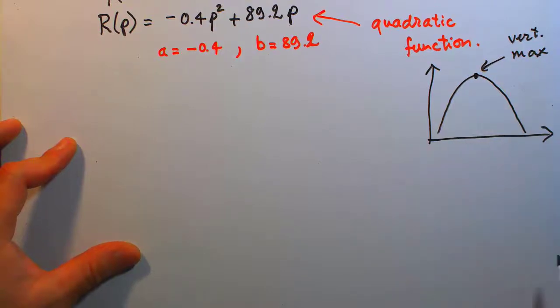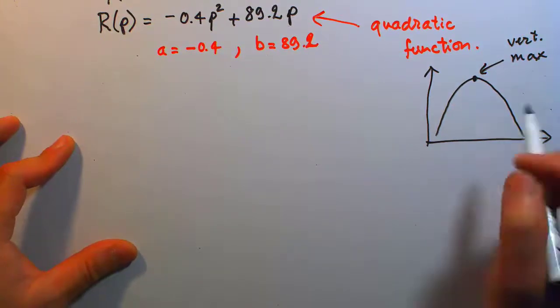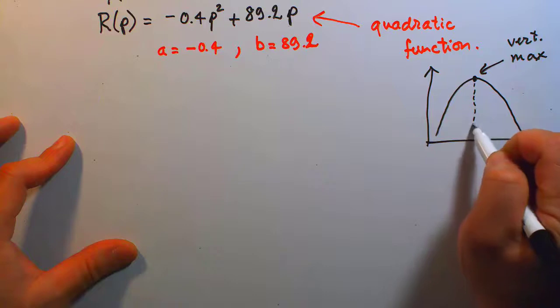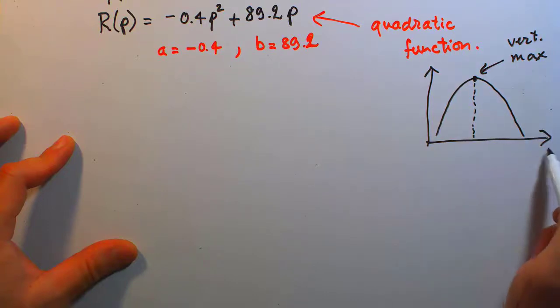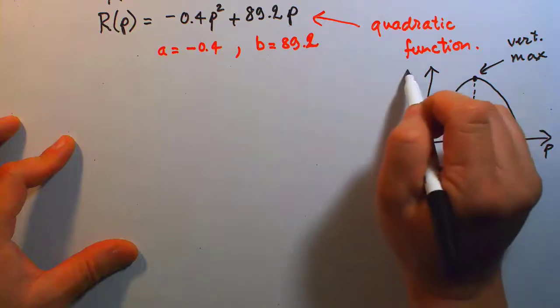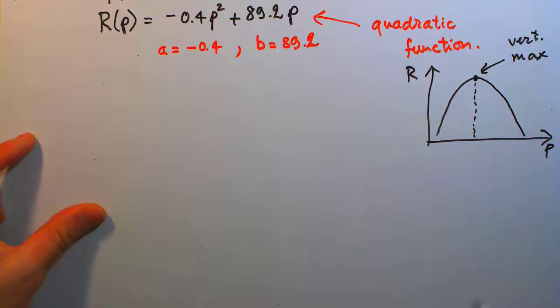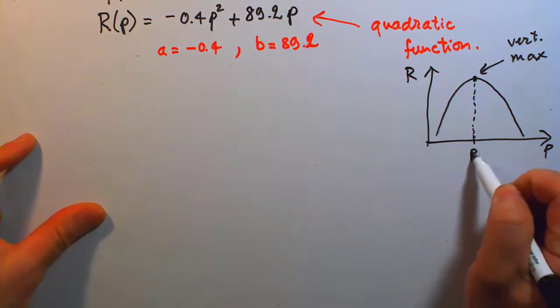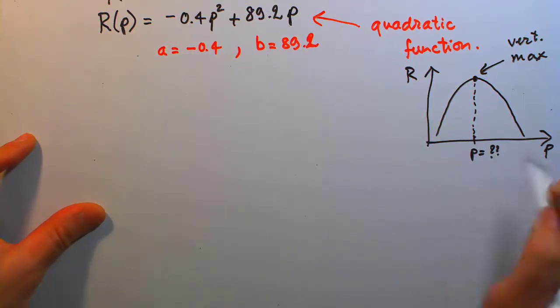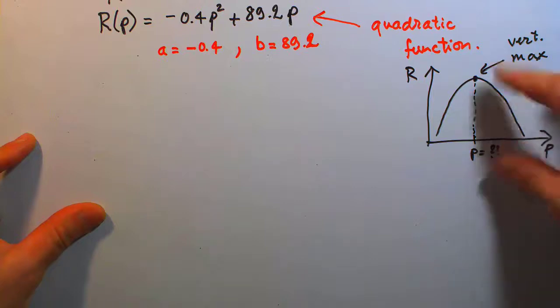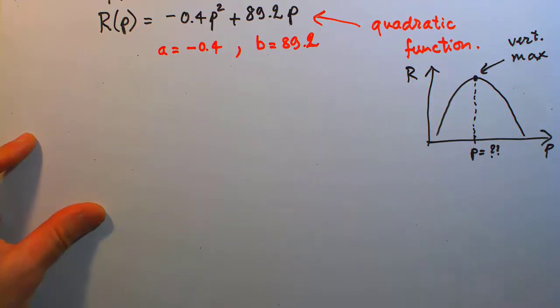And so that's why, connecting with the worded question, in this problem we're putting the P variable on the horizontal axis, and the output value of revenue is on the vertical axis, corresponding to the Y value. At which P value do we get our maximum value for revenue?